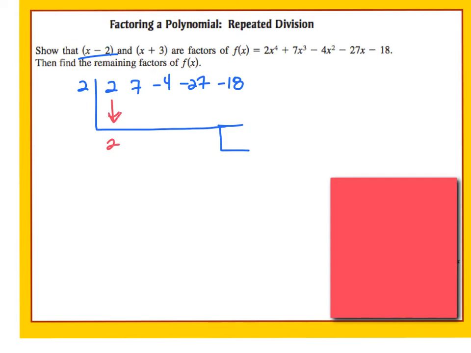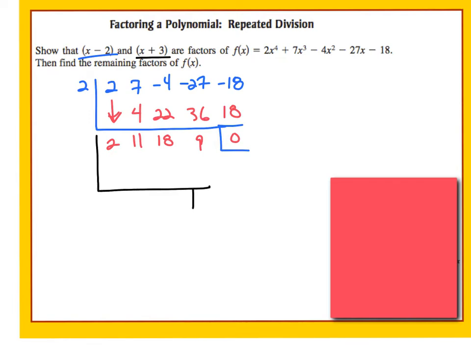And then, what do I get next? 4. And then 11. And then -4 plus 22 is 18. 18 times 2 is 36. I add those and I get 9. And then I multiply, I get 18. I add, I get 0. Look at that. It's true.